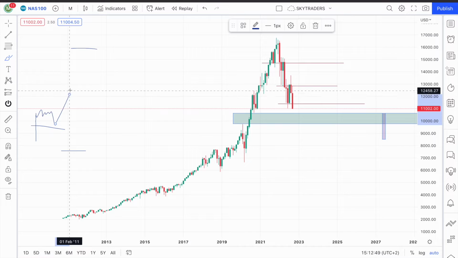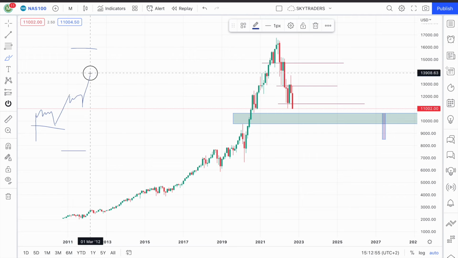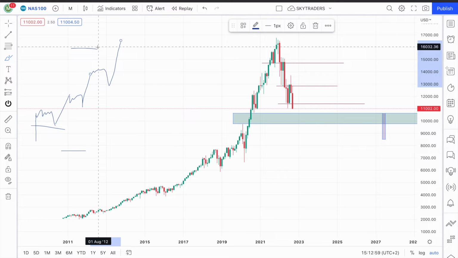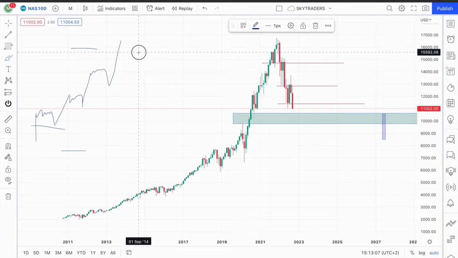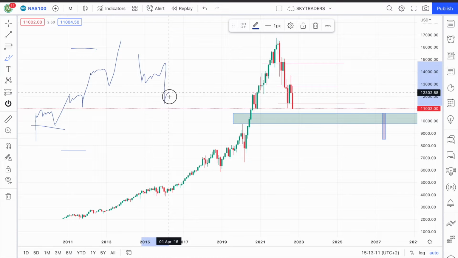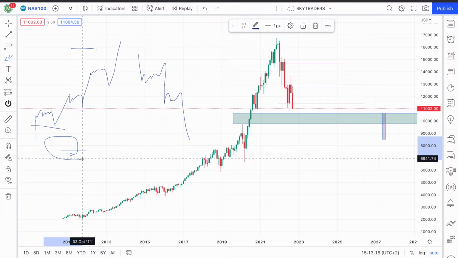Another expansion, consolidation, or retracement, again expansion, consolidation, or retracement, expansion until it reaches the upper limit of the trading range if we're in a buy model. If we're in a sell model, expansion in the sell direction, consolidation or slight retracement, expansion, consolidation, retracement, expansion until it reaches the lower limit of the trading range.